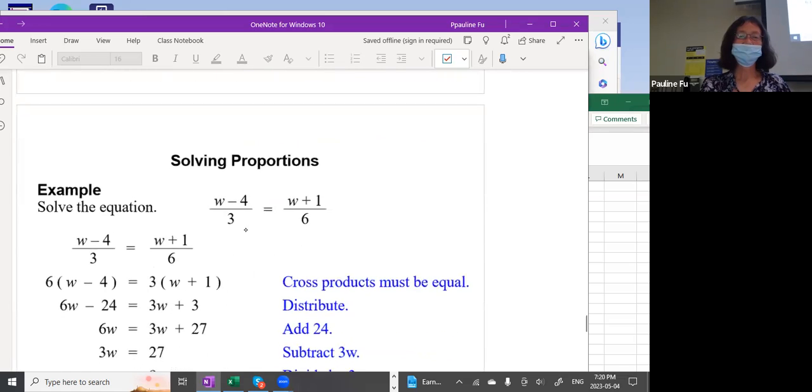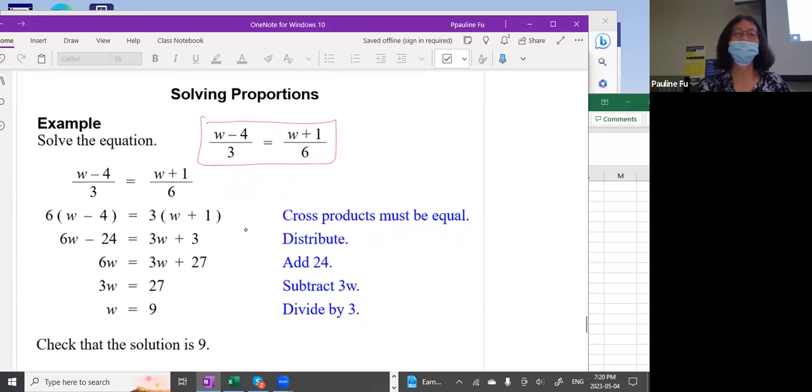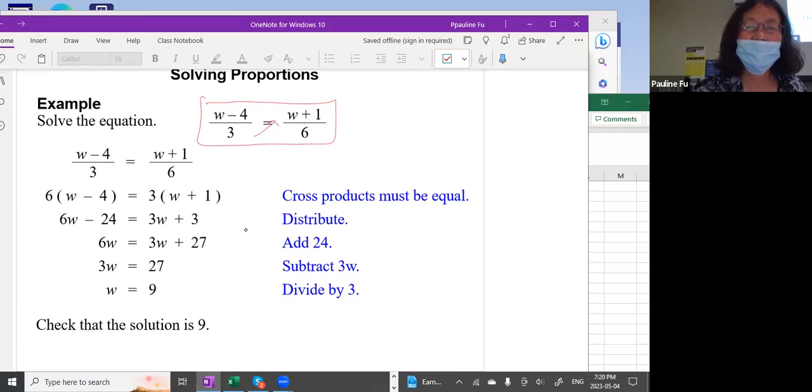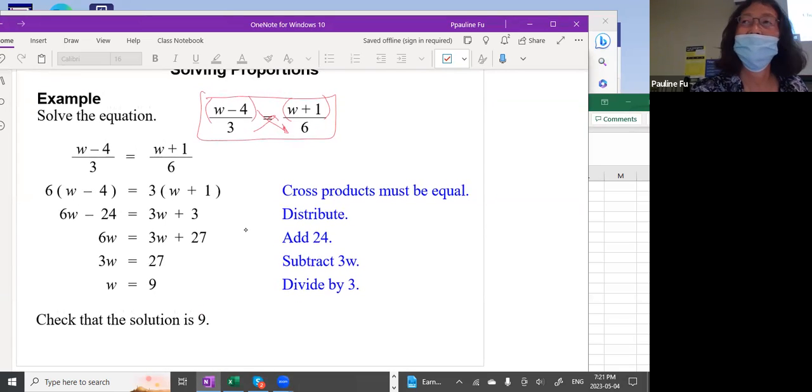Right. Now let's solve this question. Solve for this proportion. First step, use cross multiplication. So 3 times (w plus 1) equals (w minus 4) times 6.